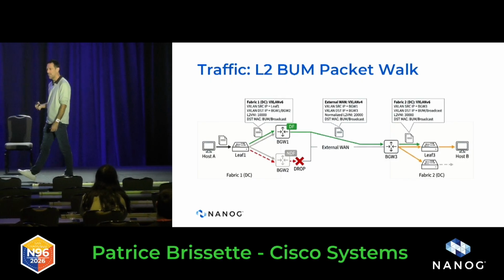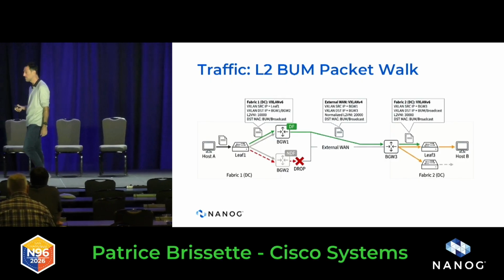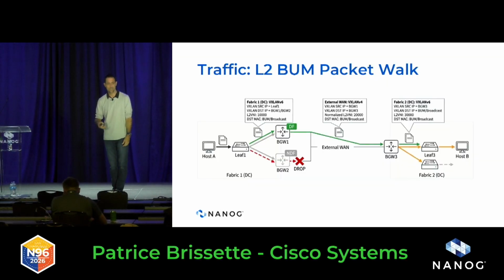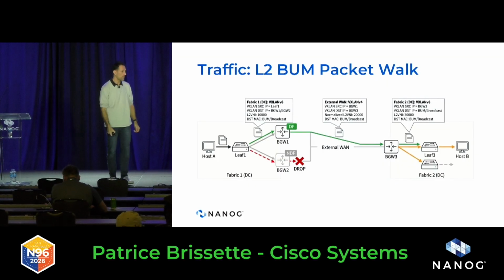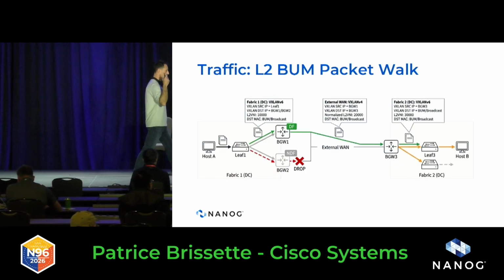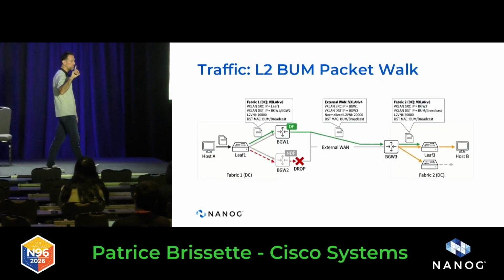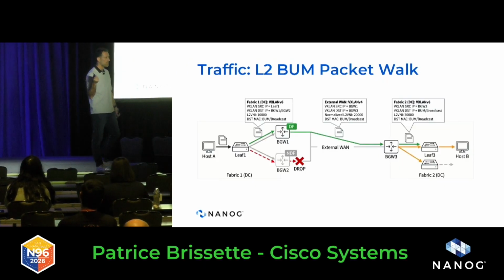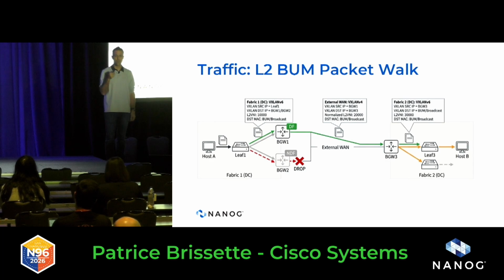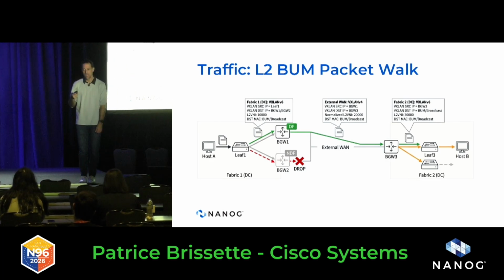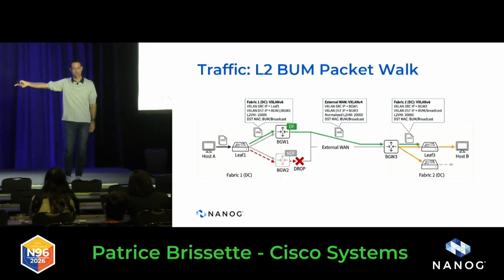People are using an Anycast VTEP, which is kind of cool, and I implemented this, and it works very well, like a charm. Whenever the leaf is sending the packet, first of all, instead of sending 2 copies, we send only 1 because it's Anycast, and you're going to hit one of the 2 border gateways. The beauty is whenever you hit that border gateway, you just keep forwarding to the remote border gateway.